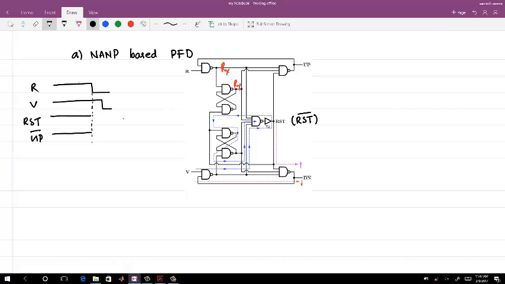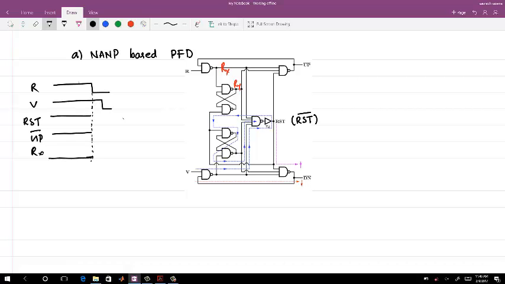So when R and up bar are high, Rx is low, right, as per the NAND logic. And when Rx is low, you can see that this Rx is also going to the NAND gate which has 4 inputs. If one of the inputs to the NAND gate is low, then the output reset bar is high. So the logic is satisfied here, and this will hold for V also.